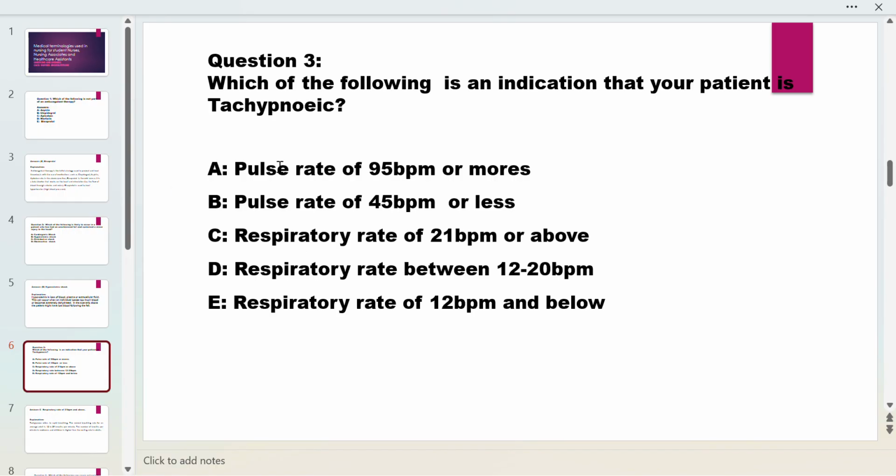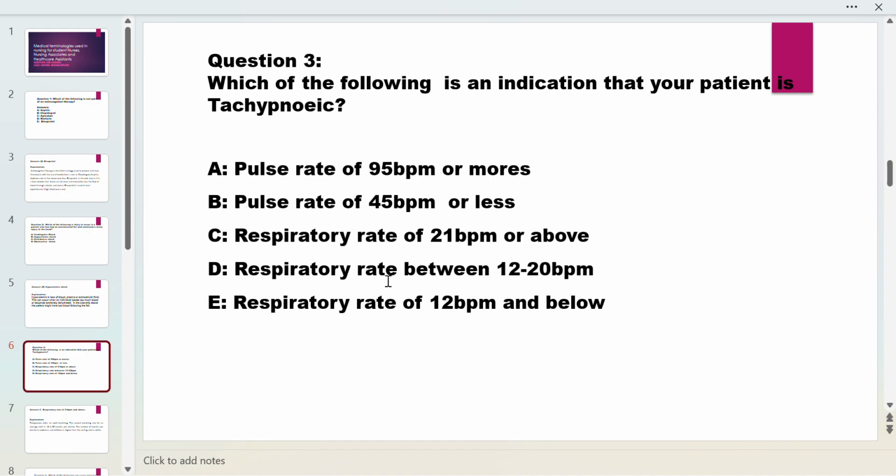So the first answer, A, is pulse rate of 95 beats per minute or more. B, pulse rate of 45 beats per minute or less. C, respiratory rate of 25 breaths per minute or above.